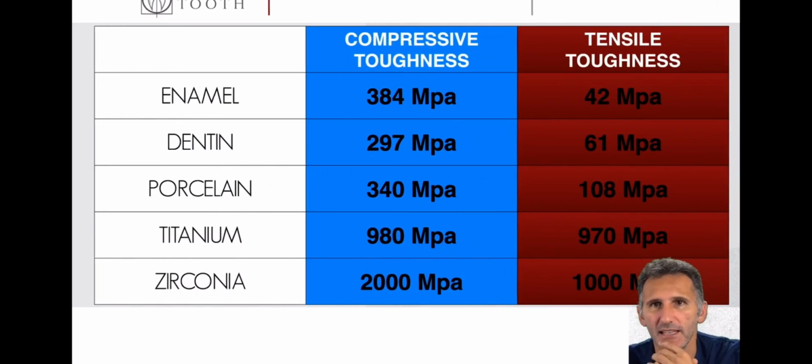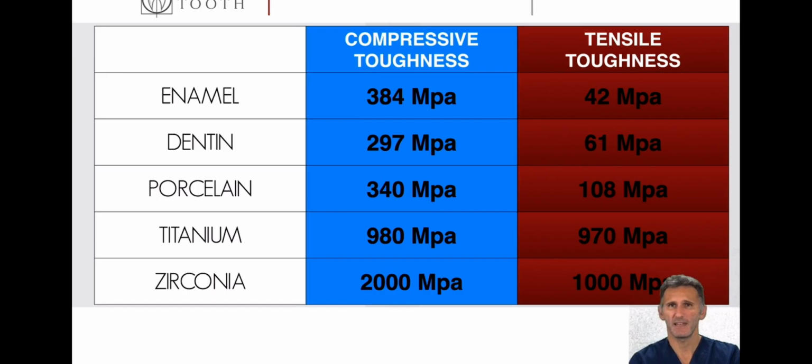These are some dental materials, and you see that most of our materials differ in how much they are able to withstand compressive force and how much they are able to withstand tensile forces. For example, enamel is 384 MPa in compressive toughness, while tensile toughness is just 42, something like 90% less.